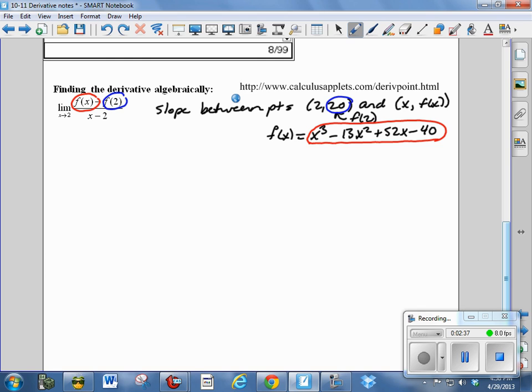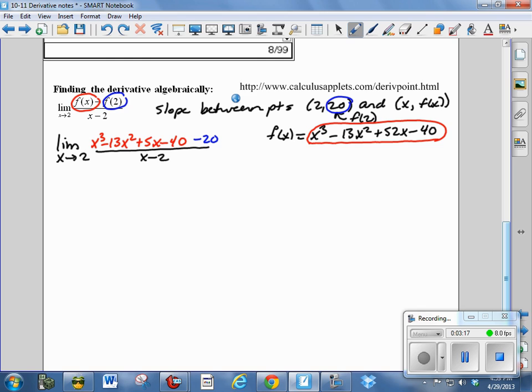So I'm going to rewrite my limit like this. The limit as x goes to 2 of, and I want to do this in red so it's really clear what I'm substituting, x cubed minus 13x squared plus 52x minus 40, and then minus 20, all over x minus 2. So the whole function with just some generic x in it, minus 20, all over x minus 2.